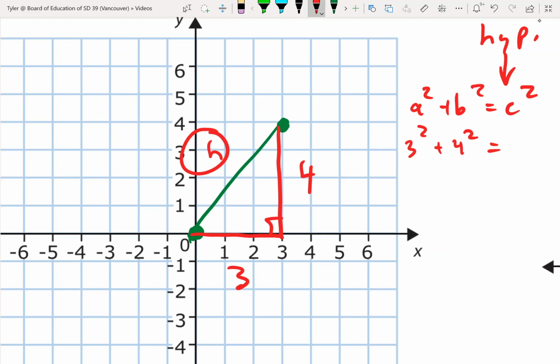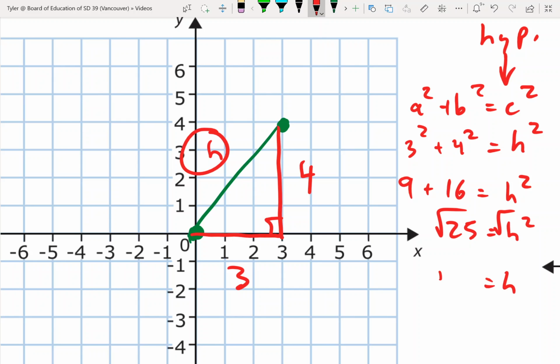Let's call it h squared, same thing. So this is 9 plus 16 equals h squared. 25 equals h squared. Now we can square root both sides, and I get h is equal to plus or minus 5. But again, can you have a negative length of a line? No. So it's just plus 5. So the length of this line is 5. I know that because I just calculated it. All we did was draw Pythagorean so we could see it and do it.